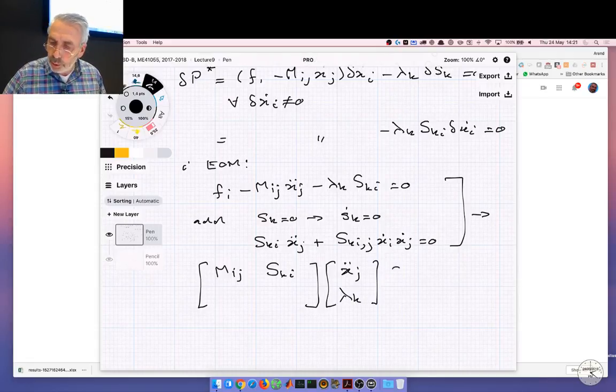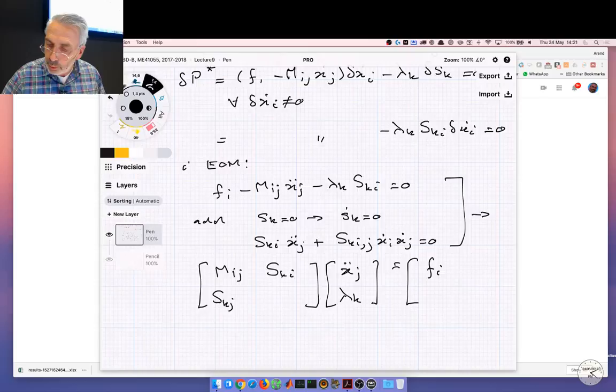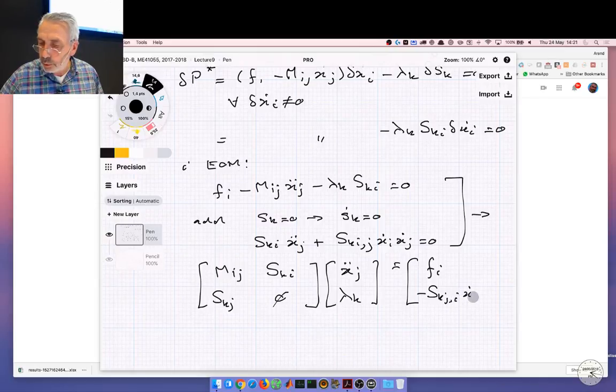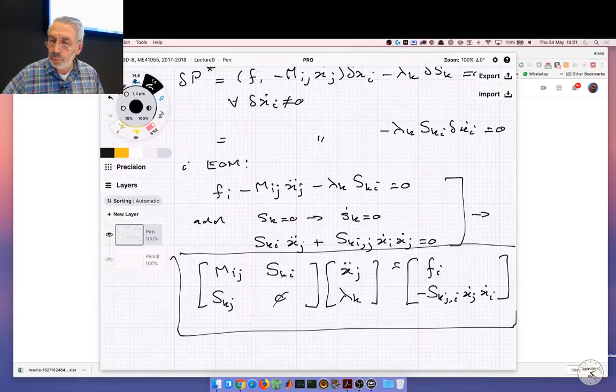On the right hand side I have the sum of all the applied forces. And then here I have my constraint equation, so Skj x double dot j, here all zeros, and here minus Skj,i x dot j x dot i. And these are now my constraint equations of motion for a non-holonomic system.